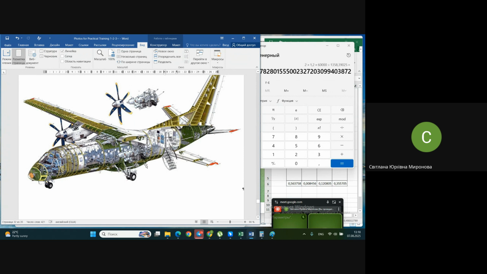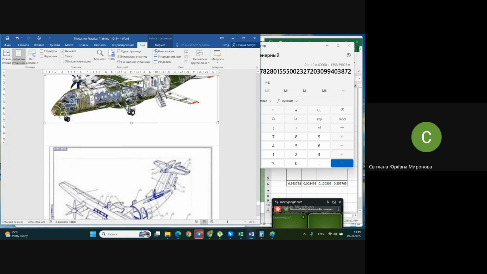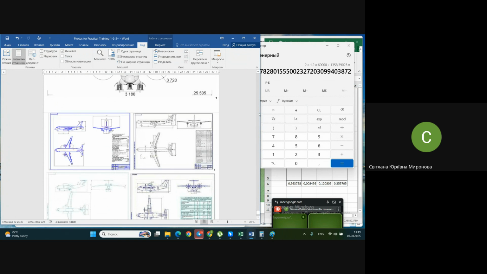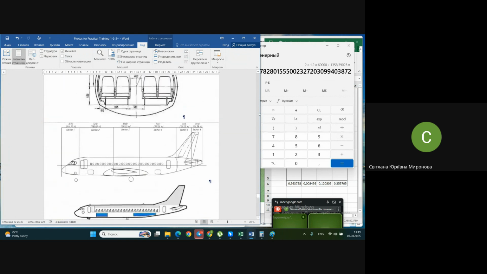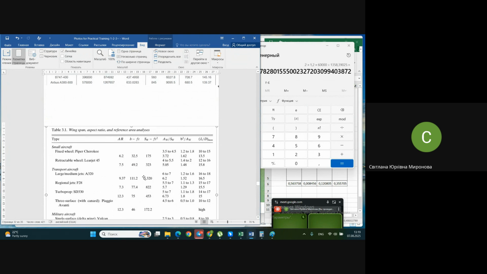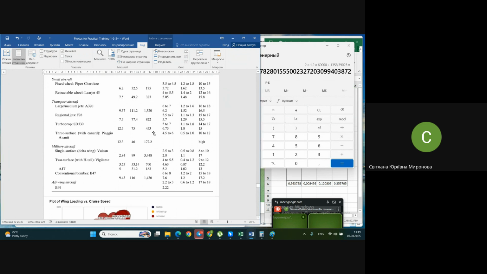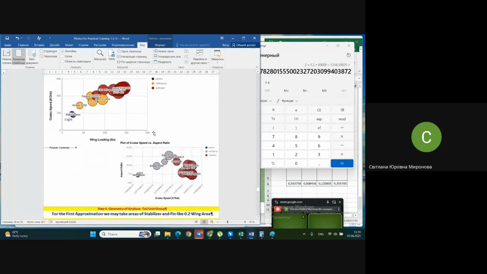For one or another type of design, as I said, if you remember, typical values of the so-called specific load for the wing are known. What I left earlier in the slides, sorry, the table with something like this.